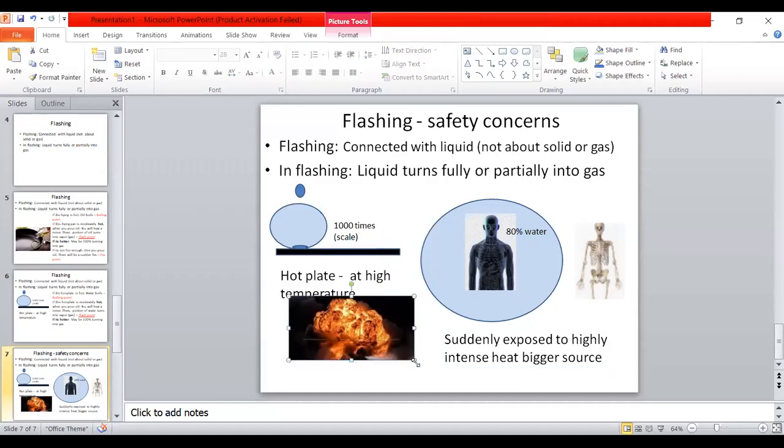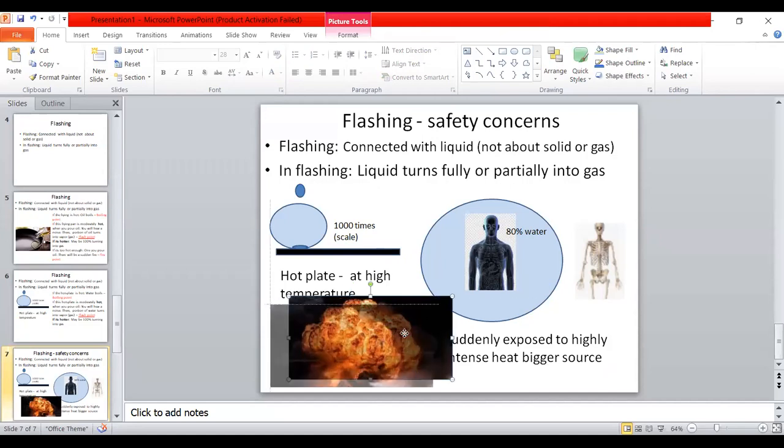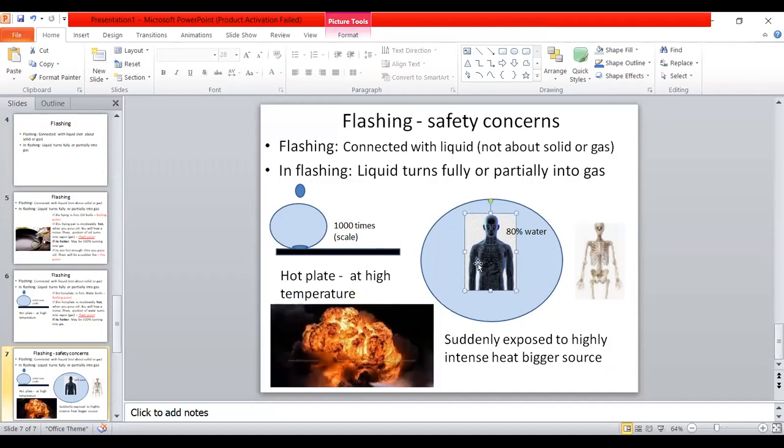Intense and big enough to engulf. So what happens is even this disappears in no time. That's why persons can go missing.